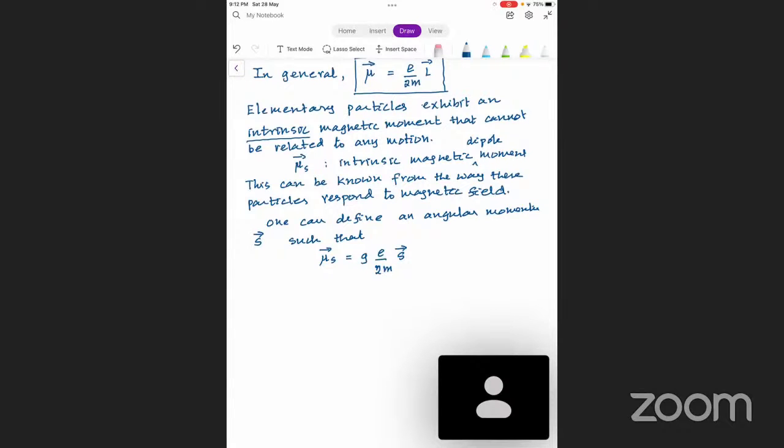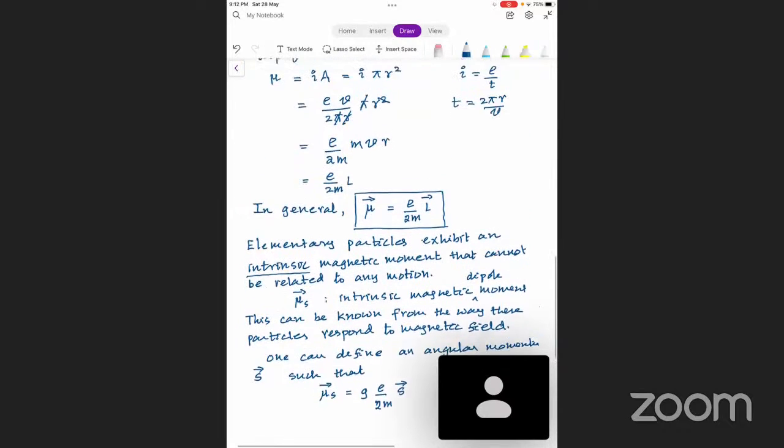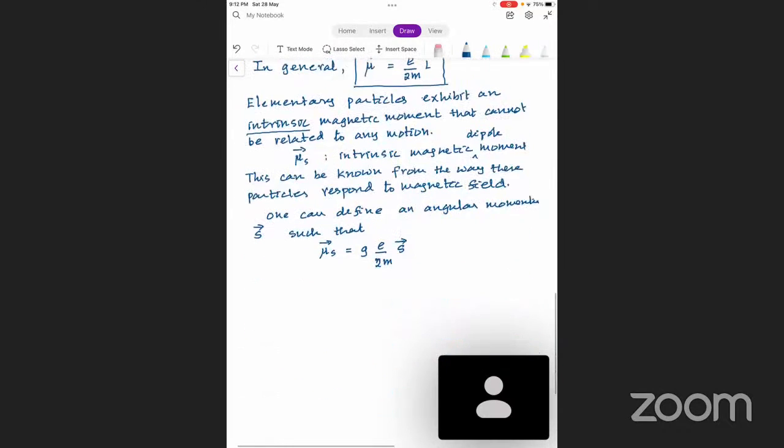We don't know whether it is simply e by 2m, because there we are able to derive it from classical electrodynamics, but here we don't know. So we will put some g and find out what g is from the experiment.